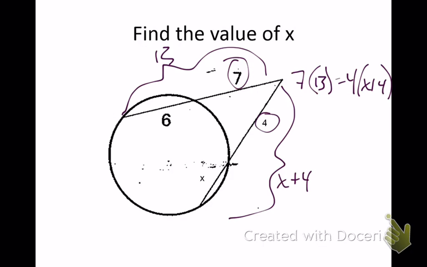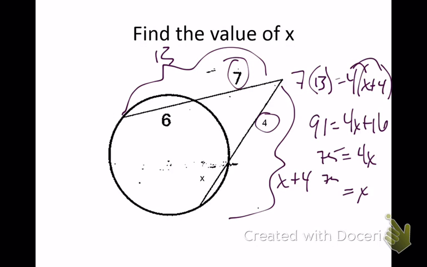And you also have to be careful and realize that you take 4 times the quantity of x plus 4. And so we're going to have to distribute here. So you get 91 equals 4x plus 16. 4x is equal to 75. Divide by 4. And x ends up being 75 over 4. Or if you want to, 18.75 would be fine if you want to divide it out.